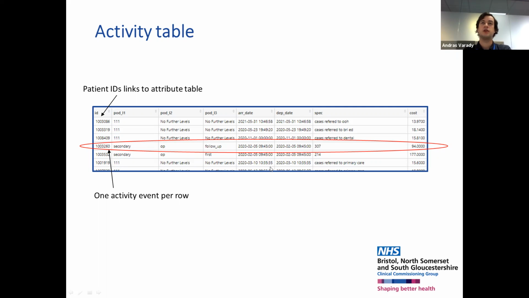In addition to the points of delivery, we also have arrival dates, departure dates, specialty or some description of more detail of what the actual activity instance was about, and then finally cost. We also have the IDs at the very front just to link us back to the attributes table.